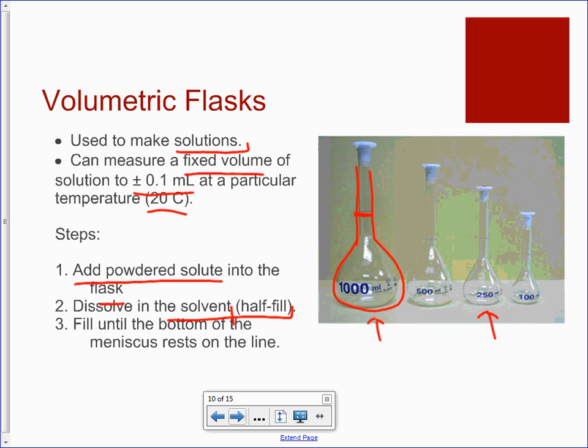And then once it's dissolved, you want to fill until the bottom of the meniscus rests on the line. So that graduation line that we have on the neck of our volumetrics, that's where we want the meniscus to be.